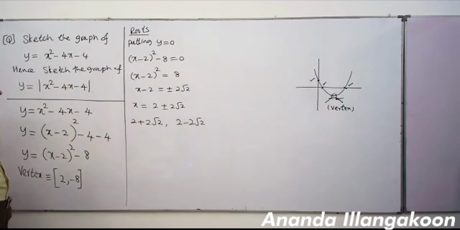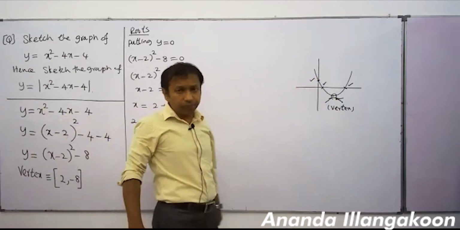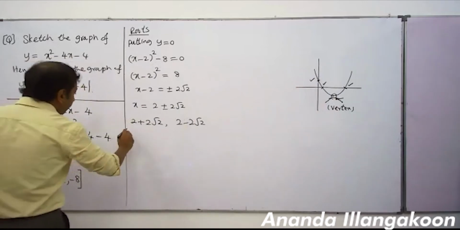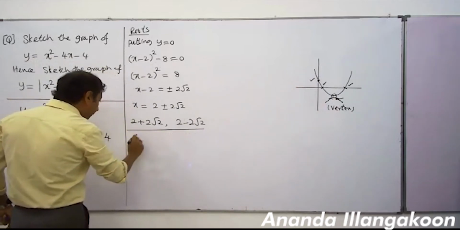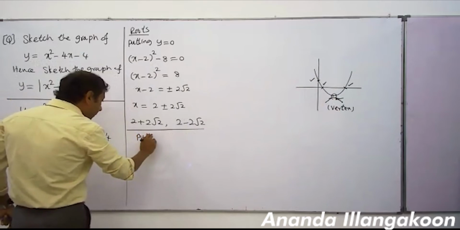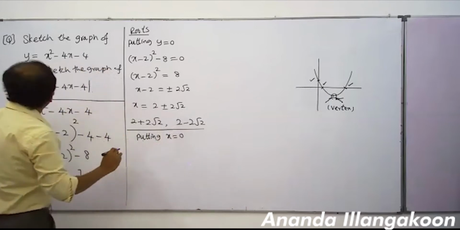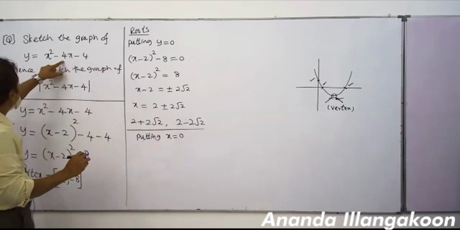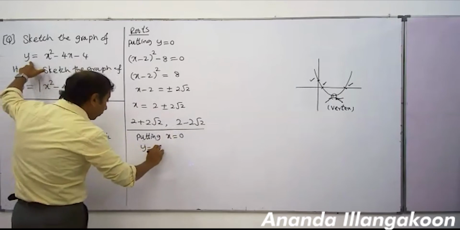That value can easily be found at this point. You know the x coordinate is 0, no? Right. Then put x equals 0. When you put x equals 0 here, what do you get, people? We get y equals minus 4.